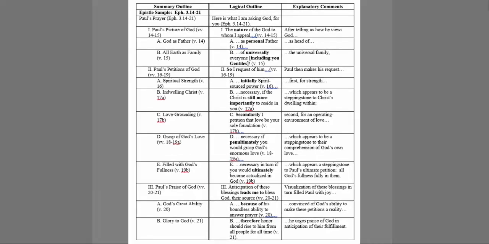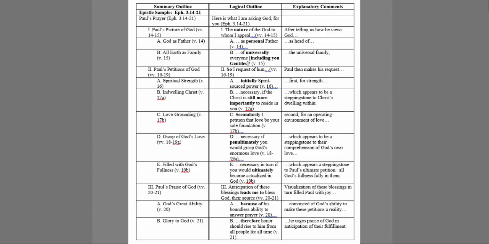Honestly, as I look at this Ephesians 3 outline, I think there's a lot of room for improvement, particularly Roman numeral 2, 16 to 19. So I requested of him, and then look at the connectives. They're pretty much almost numerical sequencing. Initially, more important. Well, more important, that's nice. It tells you I got the impression that there was an escalating value at verse 17a.